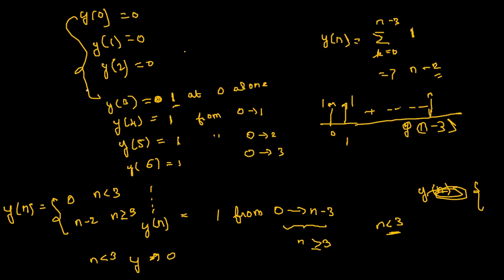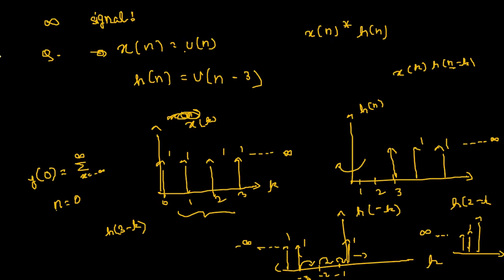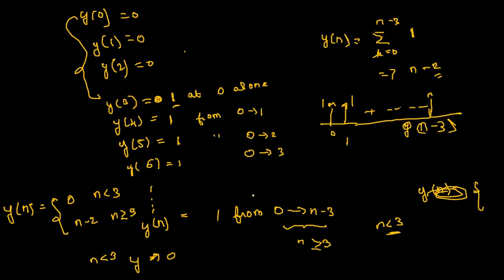Because of that, we define that part separately, and we define the part for n greater than 0 separately. There were four steps for convolution. The first step is reversal, which we did, and then we shifted, then we multiplied. Now the last step is addition.